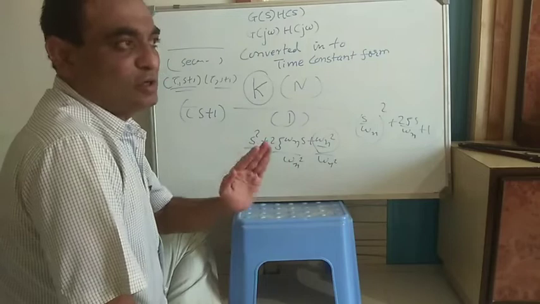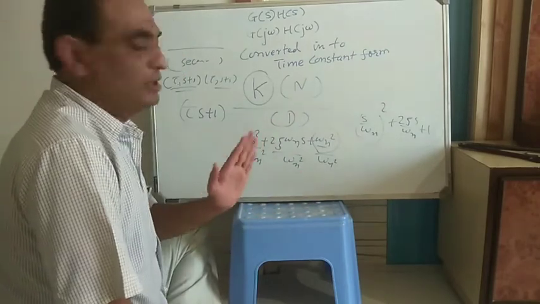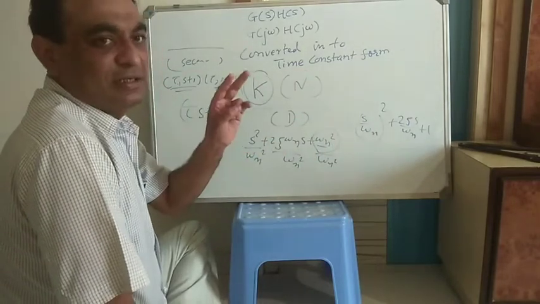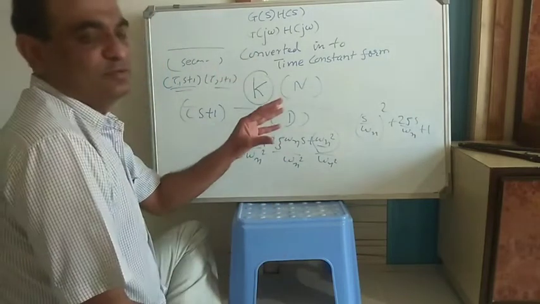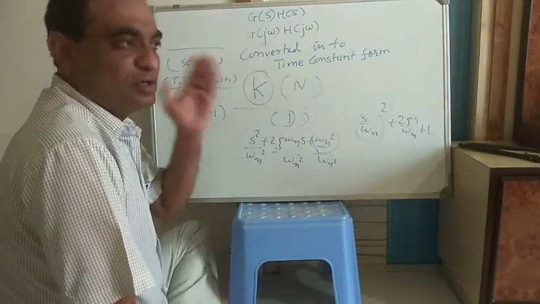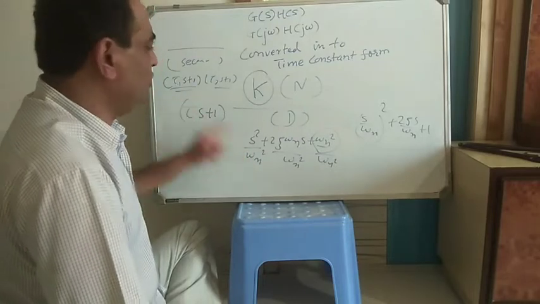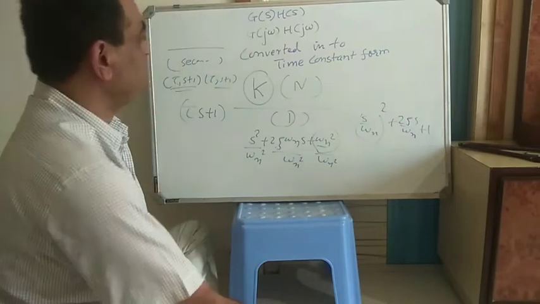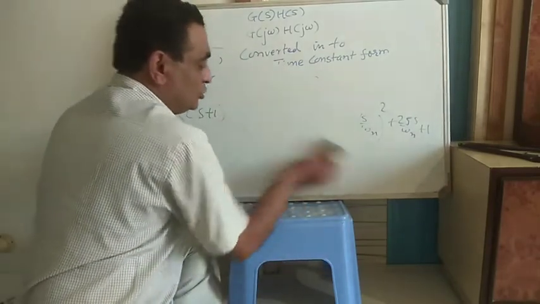If your poles or zeros are real, it will always be two first order terms. But when the poles or the zeros are in complex conjugate form, then and only then can you have the s square plus 2 xi omega n s plus omega n square form. Please take this into your note.